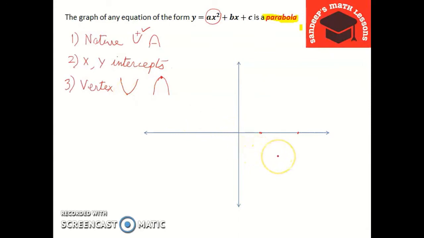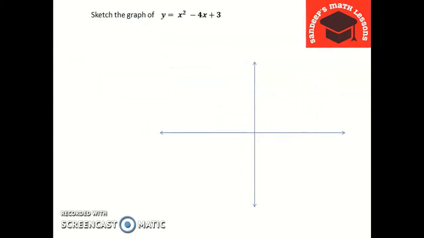And say we have found out where the vertex lies, say it is here, and we have found out the y-intercept also, say somewhere here. Then it becomes simple to sketch the graph. You can join the dots and simply sketch it. Right? Now we will see some examples.